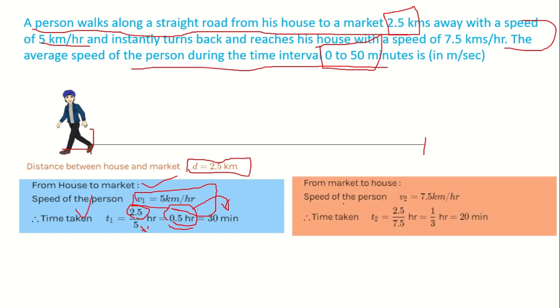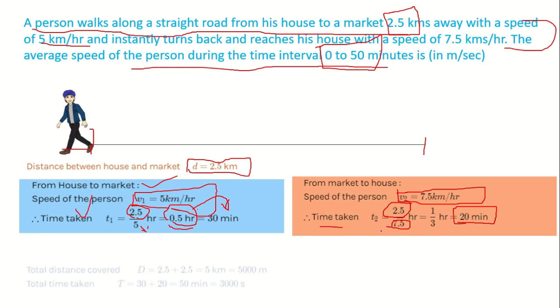Now in return from market to house, the speed of the person is v equal to 7.5. Time taken t2 is equal to 2.5, that is the distance, upon the speed, which is equal to 1 by 3 hour, and if we convert that into minutes it will become 20 minutes.